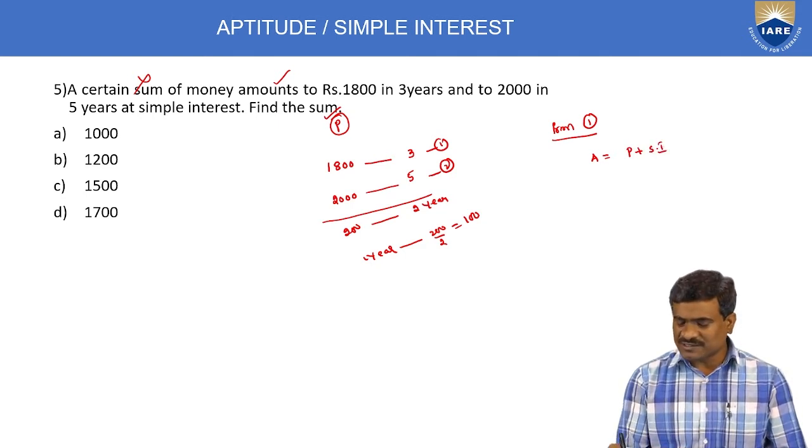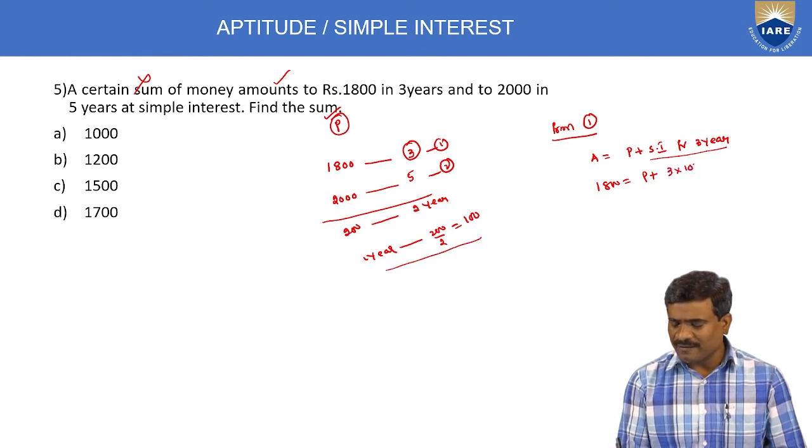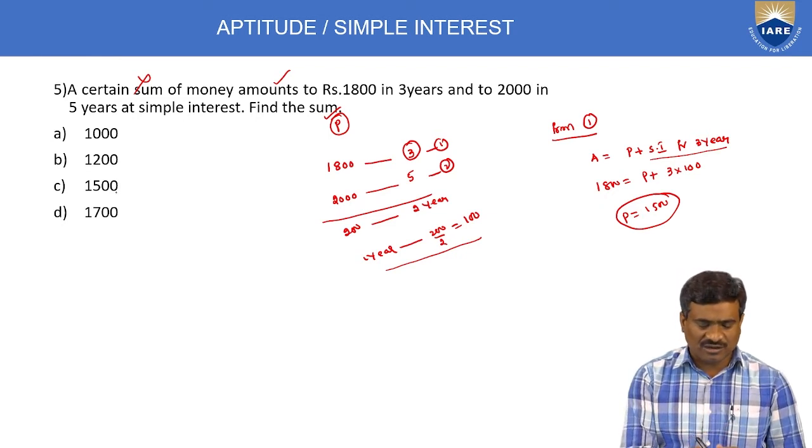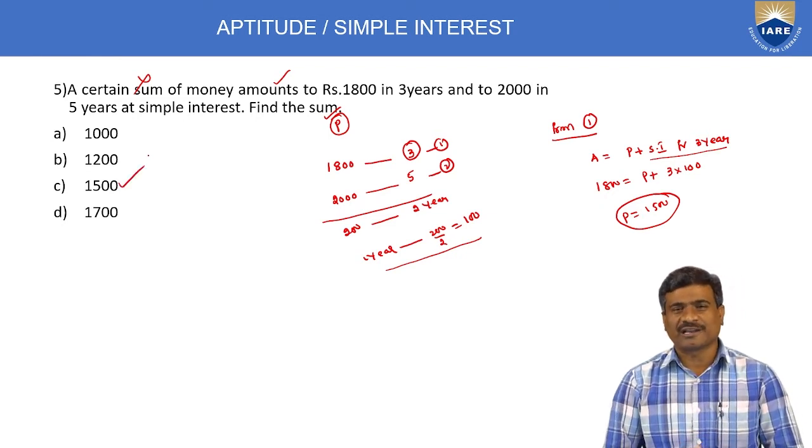Using the first statement, the time duration is 3 years and the amount is 1800. Simple interest for 1 year is 100, so for 3 years it is 300, then the principal amount is equal to 1500. Therefore, the sum is 1500, option C only is correct.